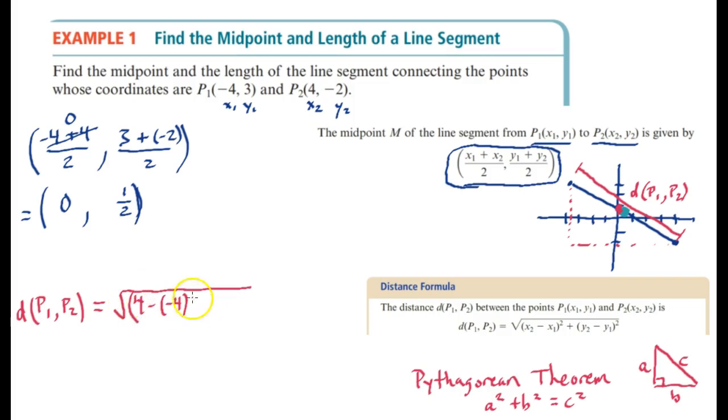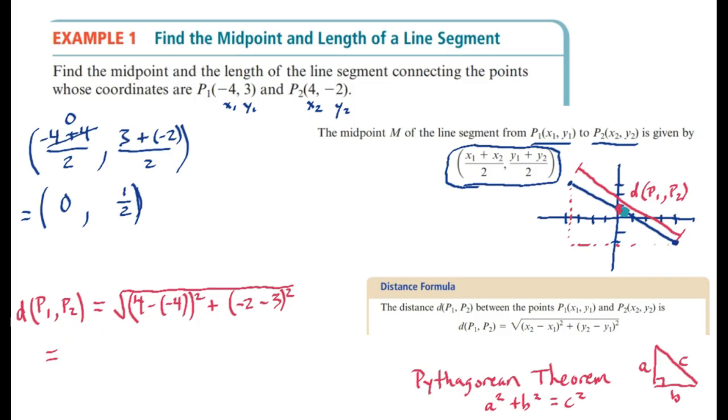Then we're going to square that, as mentioned here. We're squaring that entire thing, and then we're going to add y2 minus y1. So that's -2 minus 3, squared. We're going to square that too. And that's what we have here.